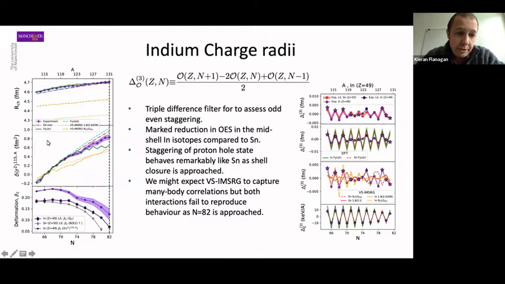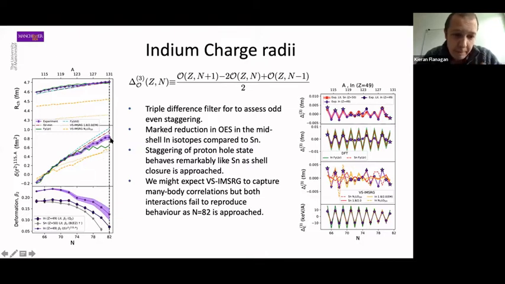When we compare to the IM-SRG calculations with two interactions, the 1.8/2.0 EM and the NNLO-GO interaction, we see again quite a large divergence from the actual overall trend.